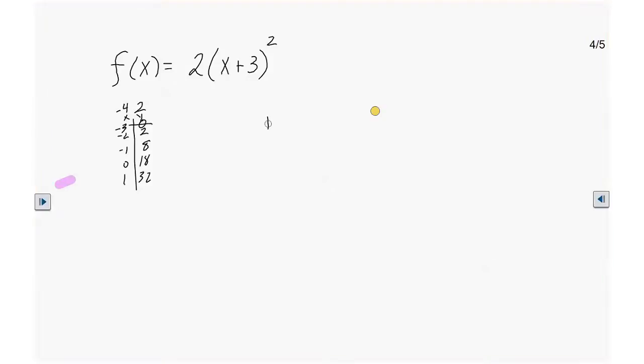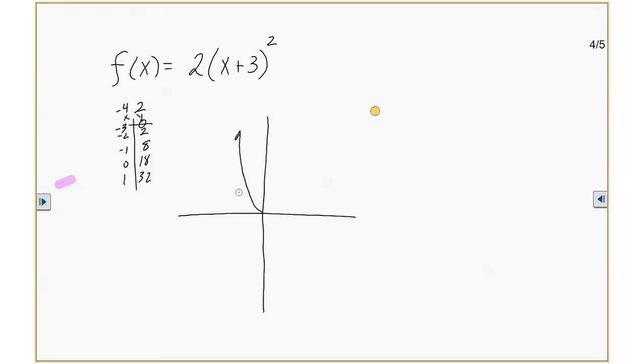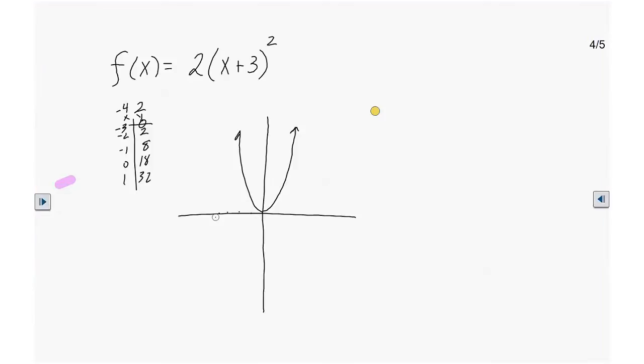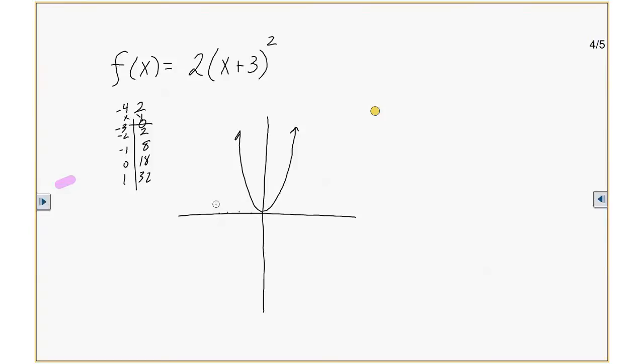Now, what do you notice is happening in relation to your basic model of the parabola? Well, negative 4, positive 2. Positive 2, 1, 2. And negative 3, 0. 1, 2, 3. And negative 2, positive 2.